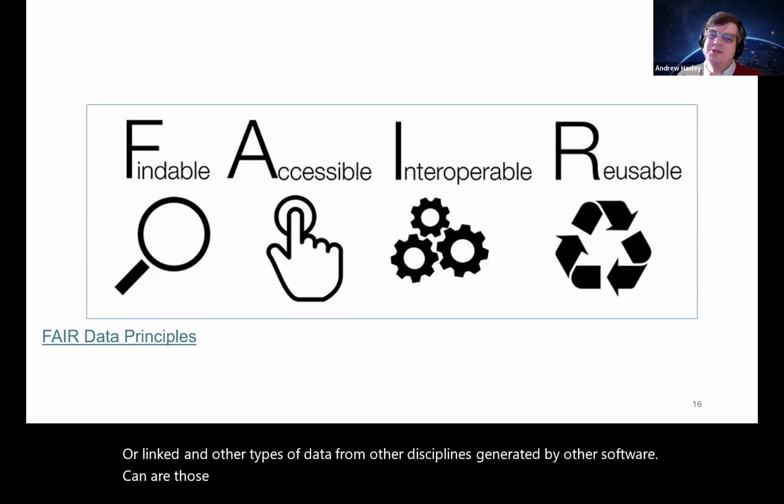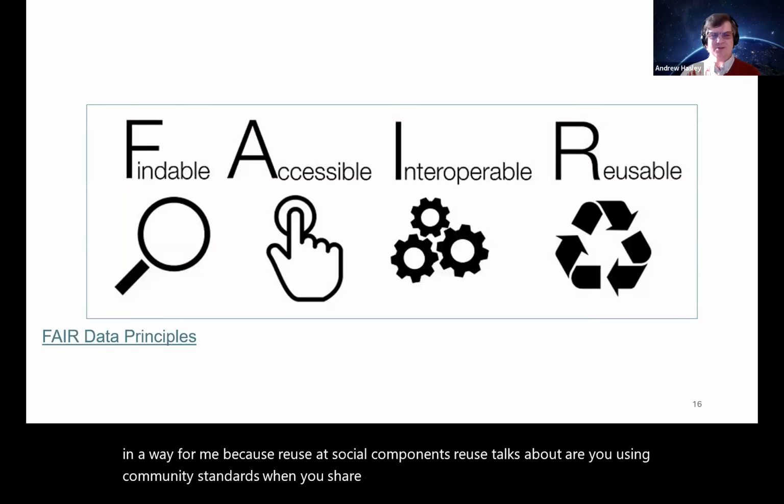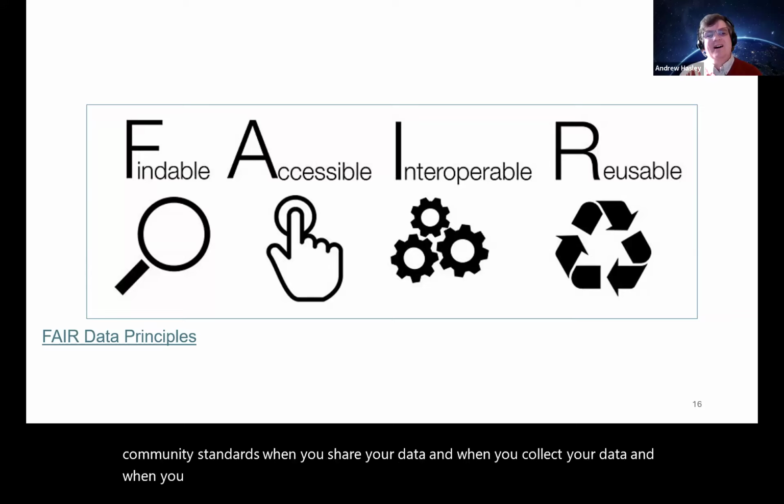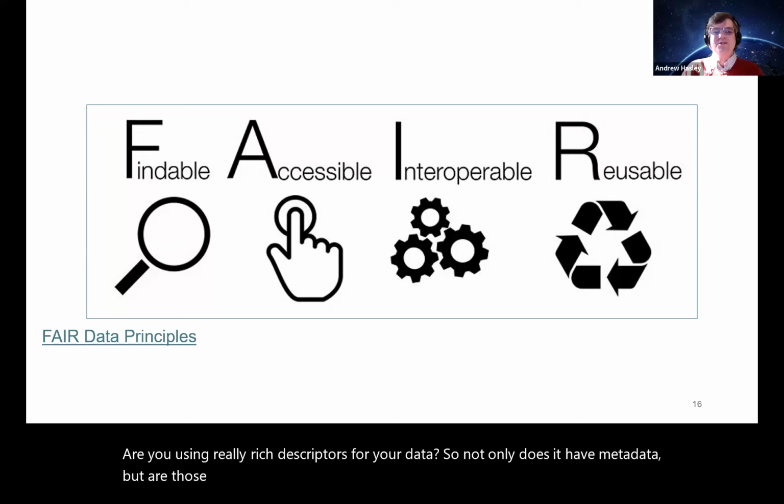And then there's reuse. Reuse is the cool one in a way for me, because reuse has social components. Are you using community standards when you share, collect, and generate your data? Are you using really rich descriptors? Not only does it have metadata, but are those metadata good and relevant to other people in your discipline or other disciplines?